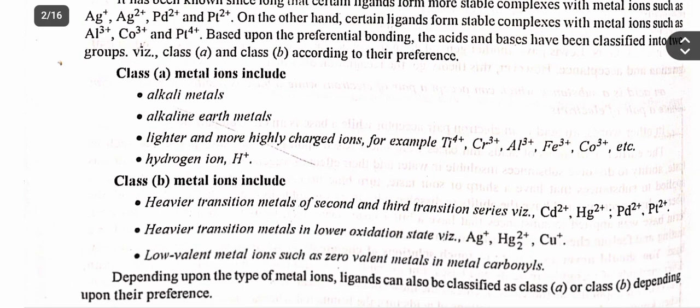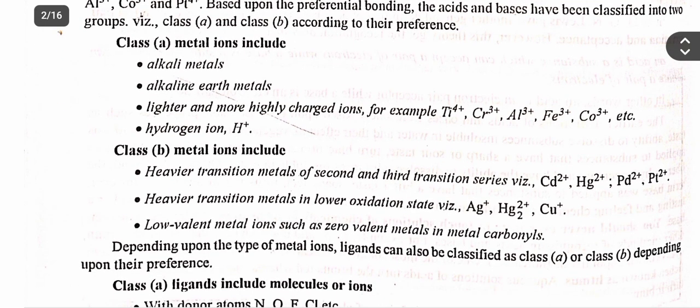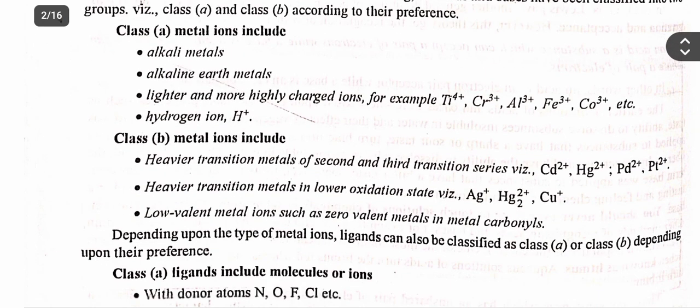Class A metal ions include alkali metals, alkaline earth metals, and more highly charged ions. For example, titanium 4+, chromium 3+, aluminium 3+, Fe3+, cobalt 3+, etc. Hydrogen ion H+.